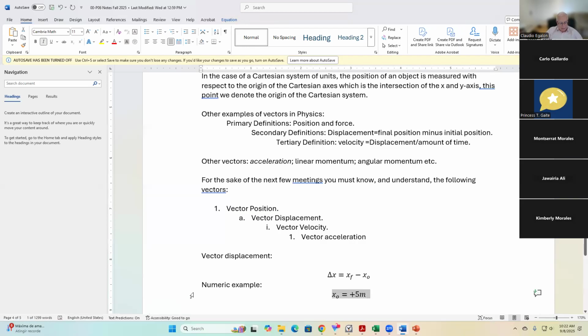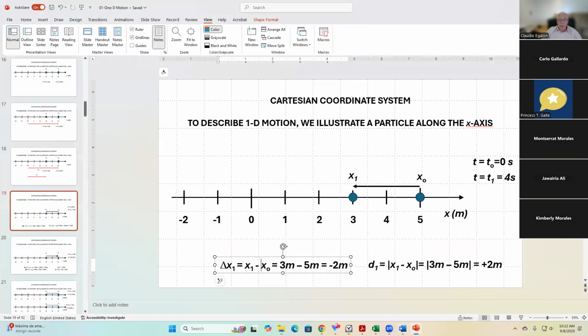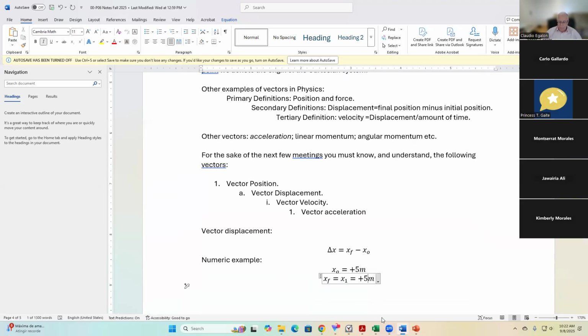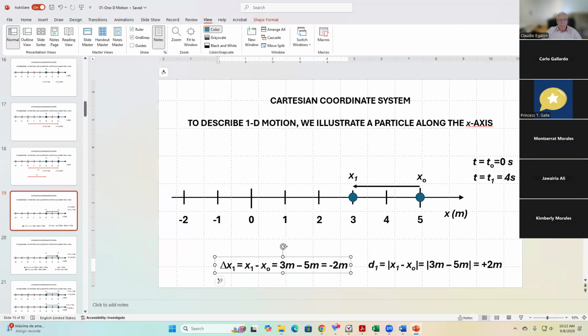And the final position, which I also call x1, right? The final position is 3 meters. So xf equal to x1 is plus 3 meters.